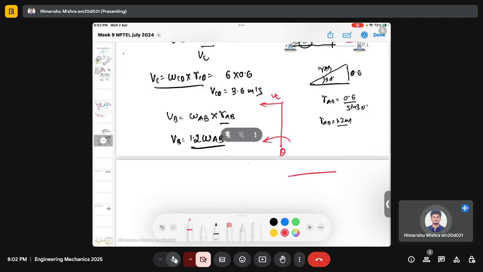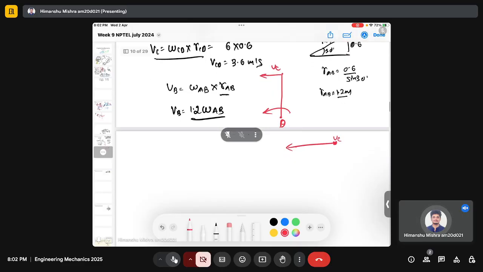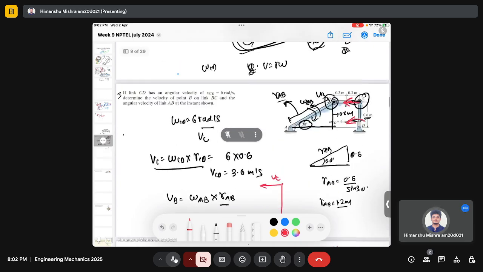And if this is my velocity vector at point C, then what is the position vector? It should always be normal. So this is the normal. Right? And now if C is moving in the left-hand side direction, my VB should move in this direction, because this will rotate in the counterclockwise direction, and this point B will rise.